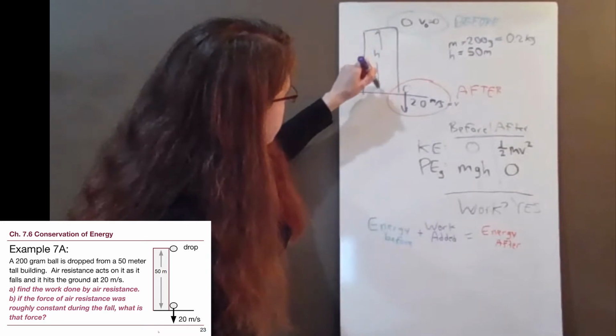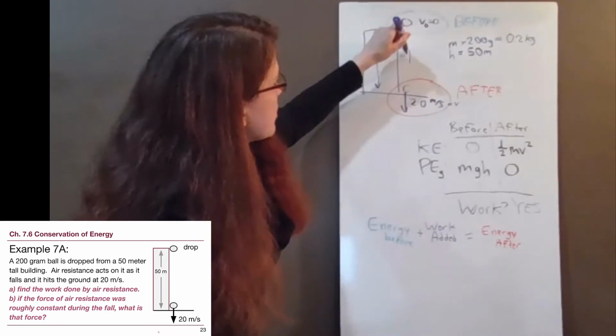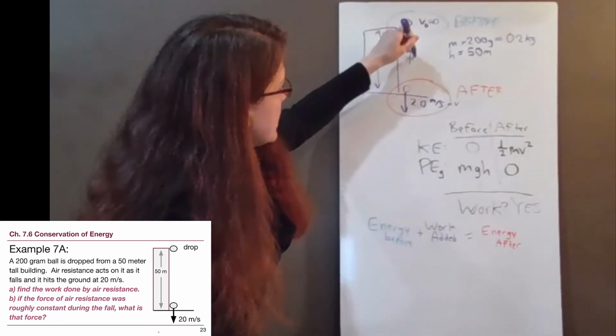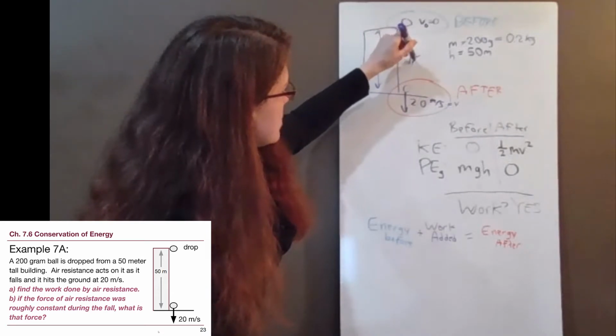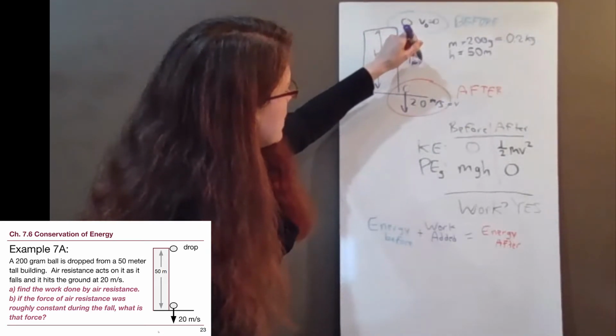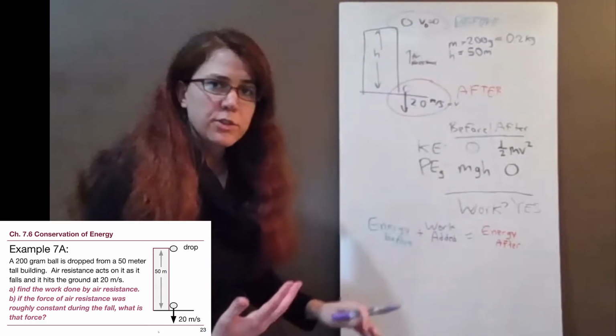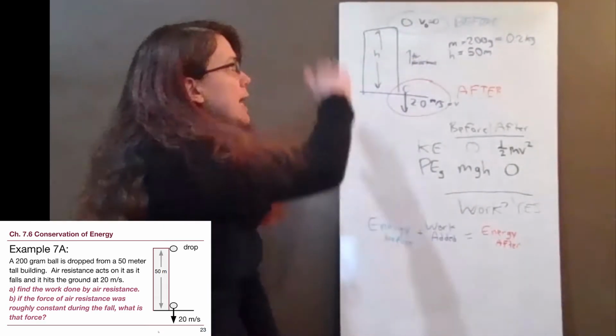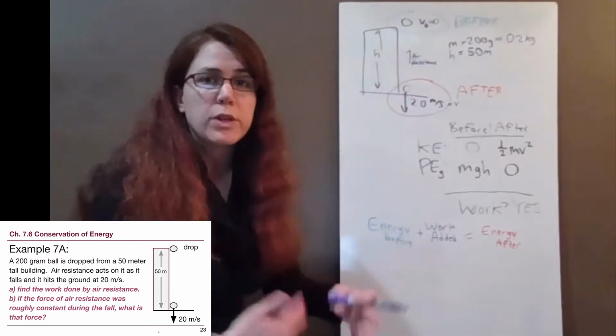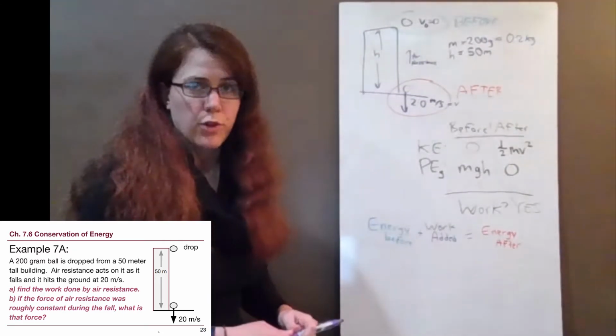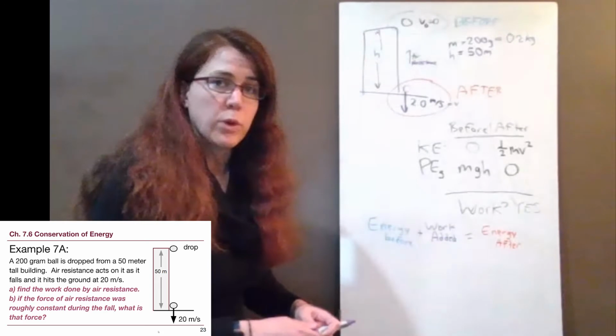That's height. But if we think about the fact that air resistance is acting here, we may start to notice that the height of 50 meters is also going to be the distance that the ball drops when we start to worry about that work term.